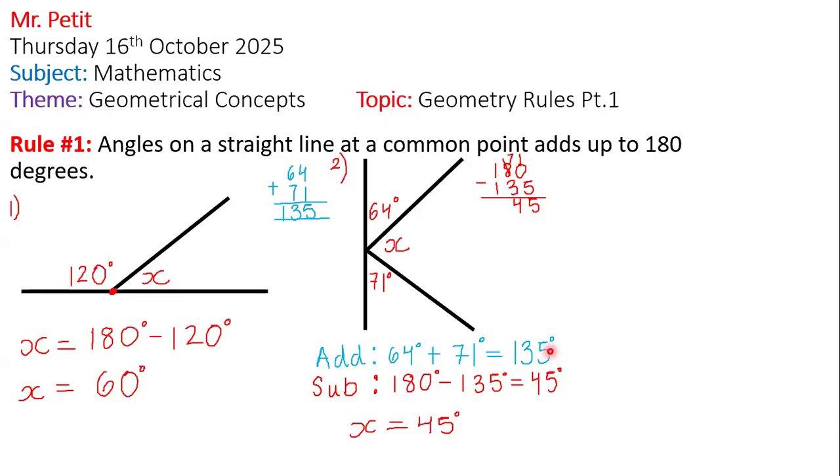That gives us 135. Then we subtract that: 180 degrees minus 135. We subtract those two because the whole thing is supposed to be equal to 180 degrees. We just need to figure out what is missing, so that the sum of 64, 71, and the missing one equals 180. So 180 minus 135 gives us 45, and that's how we get that one.